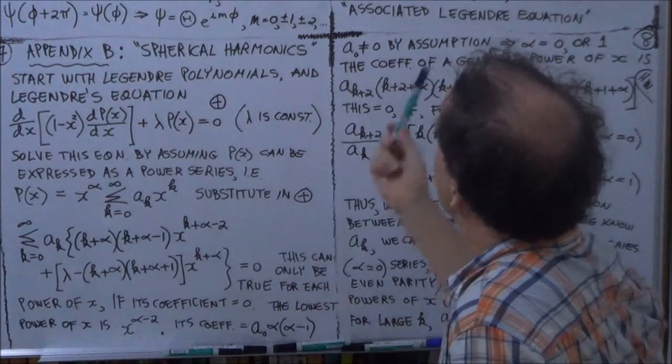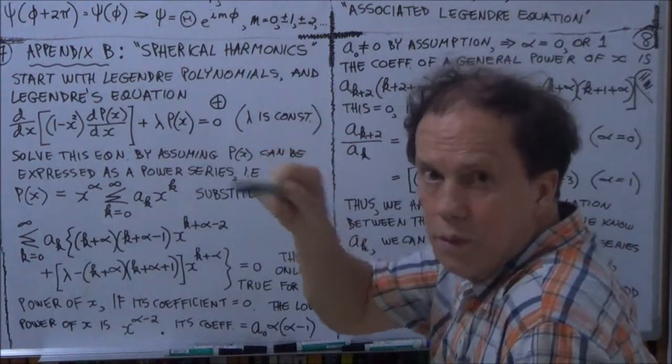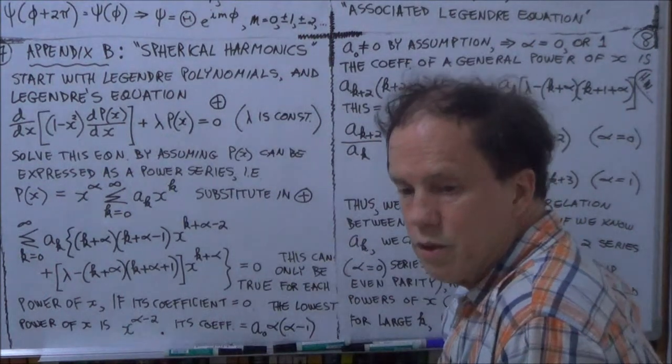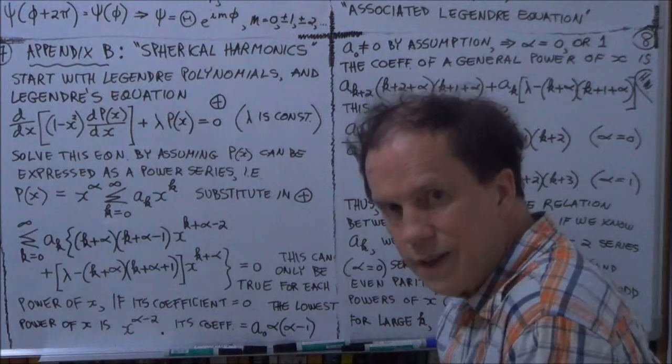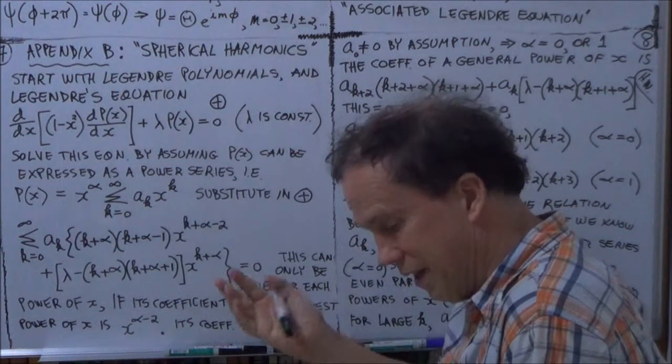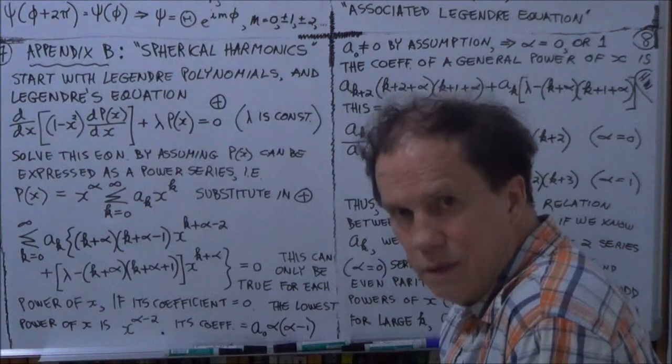So I suppose the equation we had before, with the m squared over 1 minus z squared, is what's meant by the associated, like similar to, but not the same thing. My guess is that's where the adjective associated came from.